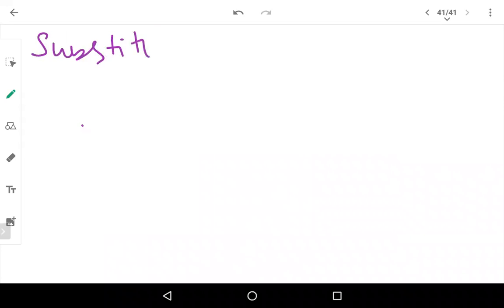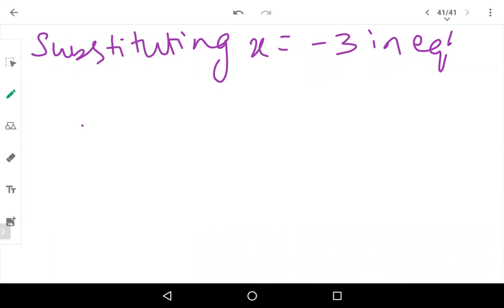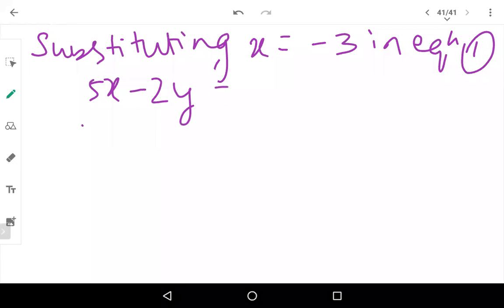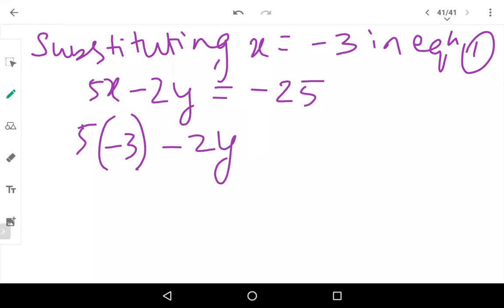Substituting x is equal to minus 3 in equation 1. What is equation 1? 5x minus 2y is equal to minus 25. So 5 into minus 3 minus 2y is equal to minus 25.